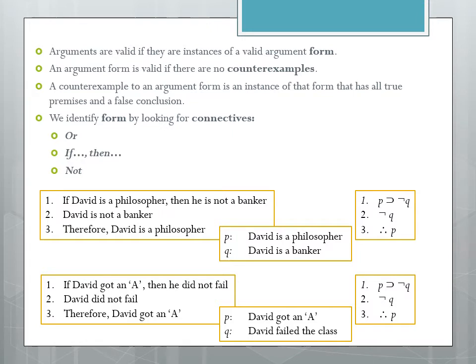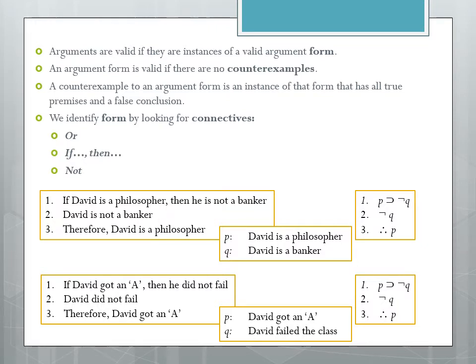So to illustrate this, let's reflect on my performance in high school art, which was a fairly standard kind of course. So it was one where if you got an A, then you did not fail. That's true, of course, of most college or high school classes. If you get an A, then you certainly didn't fail. So the first sentence was true of my experience in high school art.